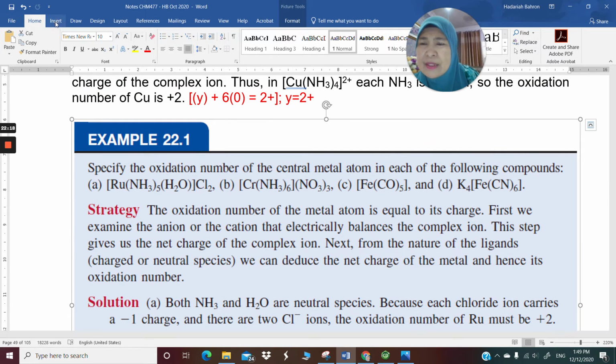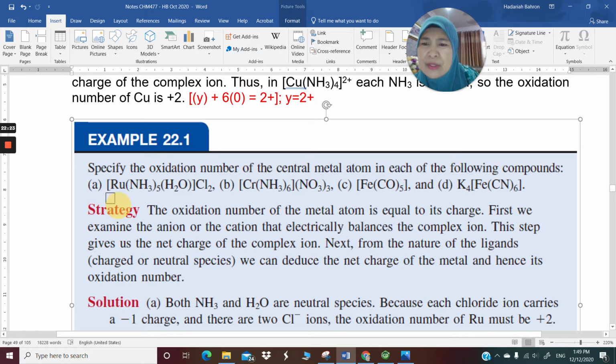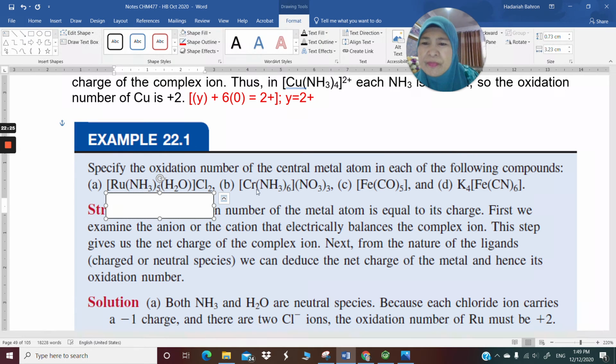So how do I do that? Let me do this. Let me try and work this out. Okay. So if you don't know what is the oxidation state of ruthenium, so for example, you call that X plus 5 times 0, because ammonia has a 0 charge, plus 1 times 0.